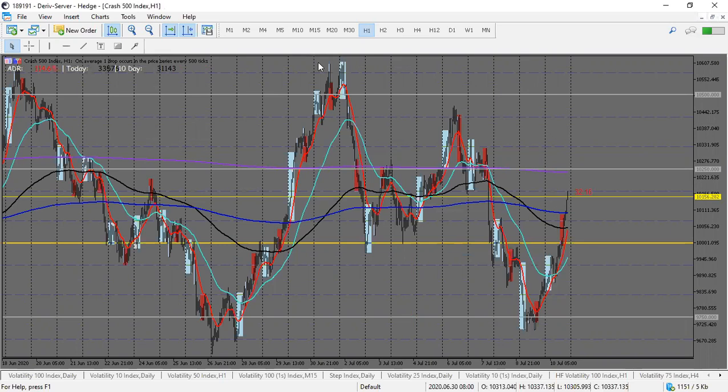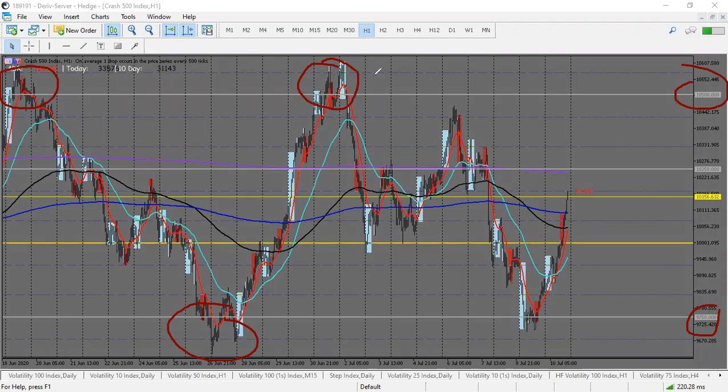You can see Crash 500 started its buy from 97.50 right here, went right up, and reacted at 10,500, which is where it reacted previously. I remember telling one of my friends, this is exactly where Crash 500 is going to turn.